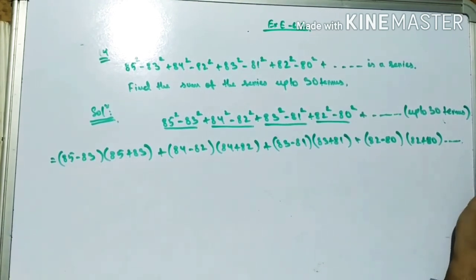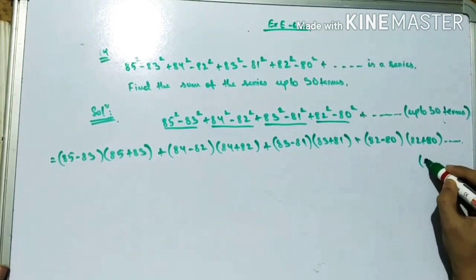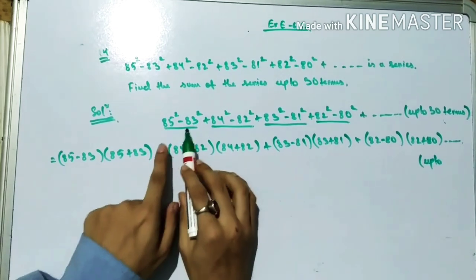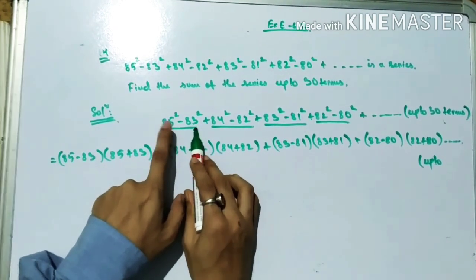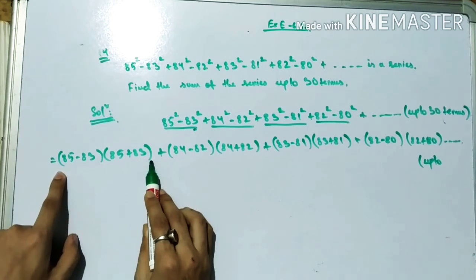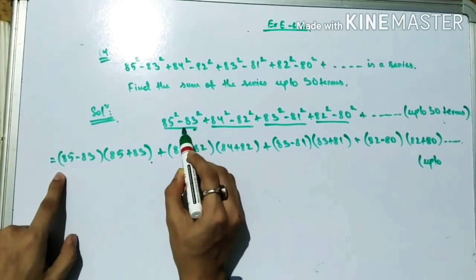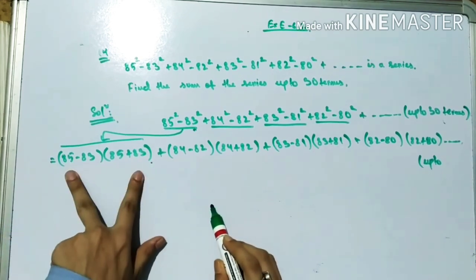Now, dot dot dot, this one I will write up to, you see, these two terms. What I did here: there were two terms here, and these two terms became one single term.